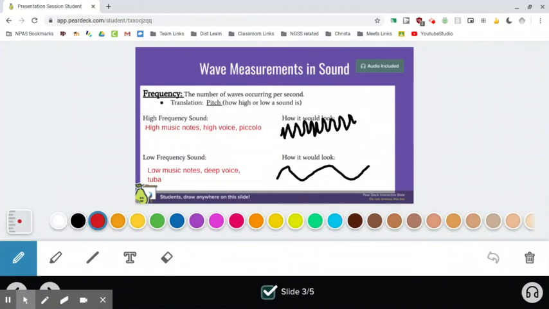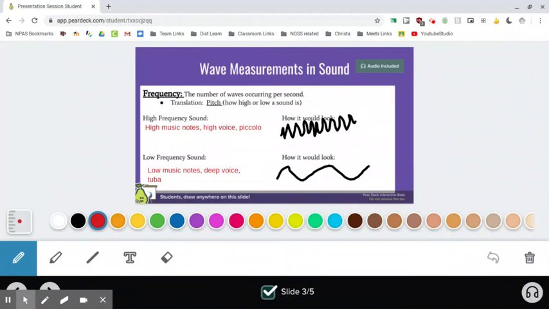And one way, as proof for you to understand that high frequency in sound means high pitch, is that you can actually feel how fast longitudinal waves are hitting a place by putting your hand on your vocal cords on the front of your throat when you are talking.